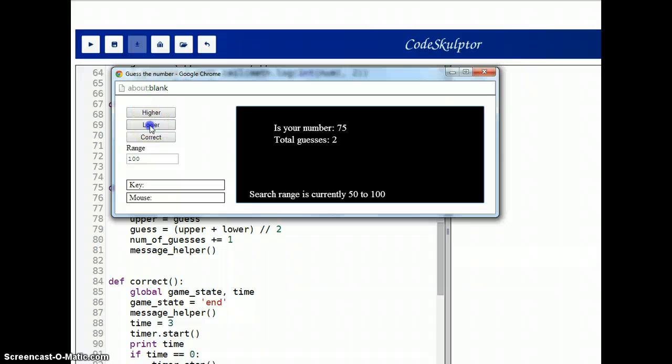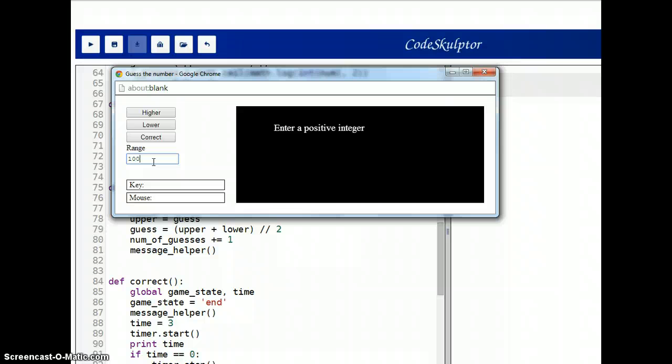It's lower. It's higher than 62. It's higher than 68. Higher than 71. There it is, 73. So it took 6 guesses. Correct. Alright, so that worked as expected.